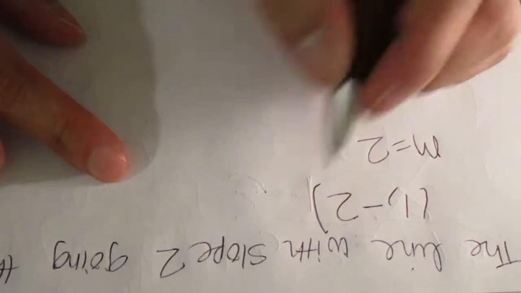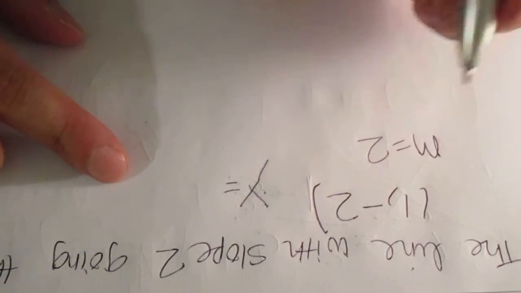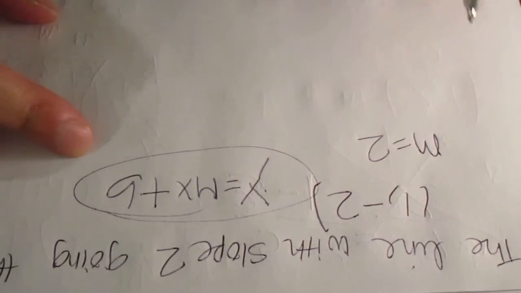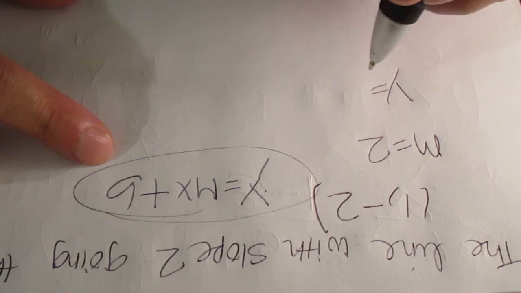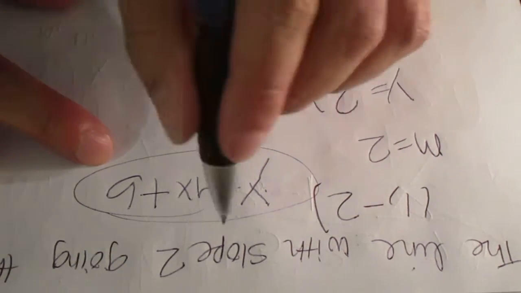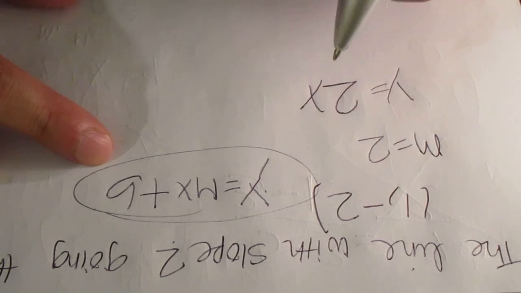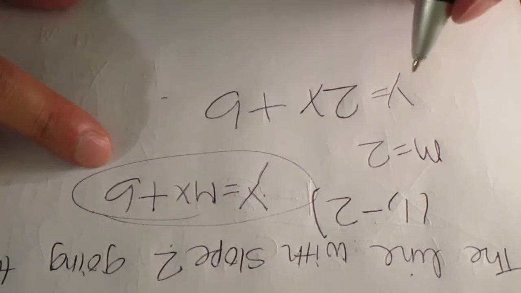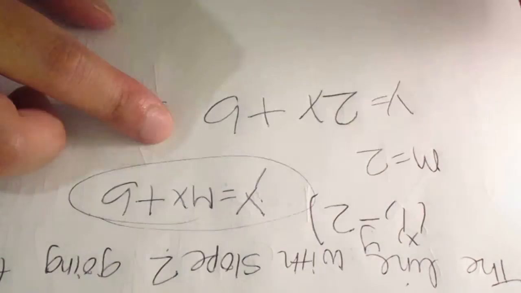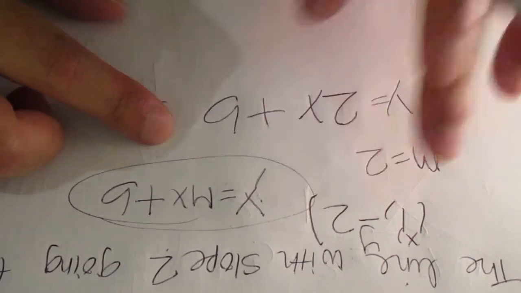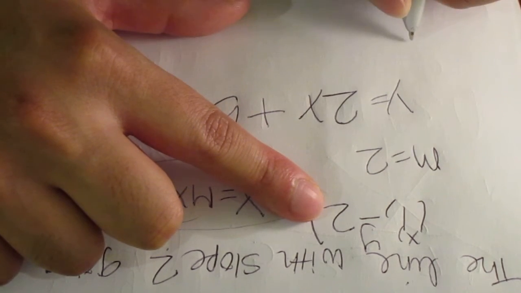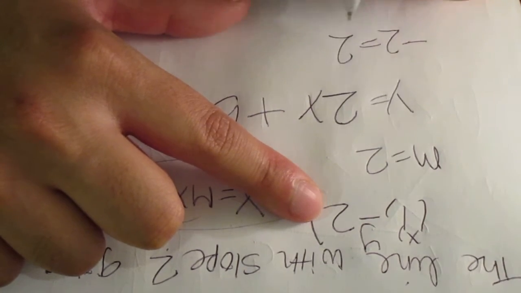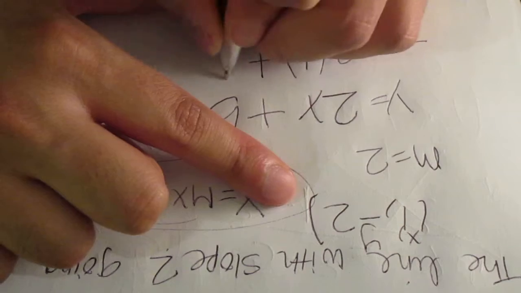So remember our famous linear equation, y equals mx plus b. You have to memorize this. So we know that y equals 2x plus b, because the slope is 2, but we don't know our b, so we'll find it by using the information they give us. So our y is -2, our slope is 2, and our x is 1, plus b.